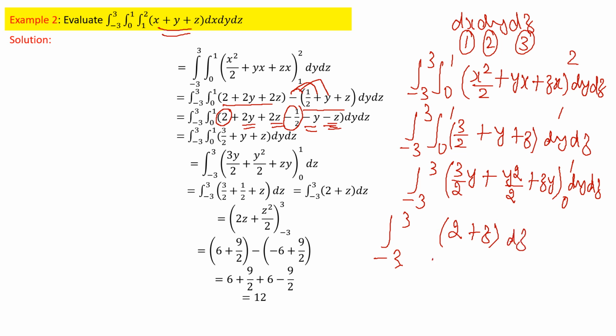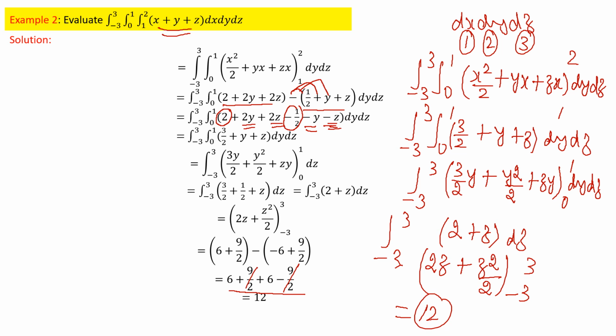Now let me integrate this function with respect to z. This will give you 2z plus z squared by 2 between the limits minus 3 to 3. By substituting the upper limit and lower limit, we will get this one. Cancelling minus 9 by 2 plus 9 by 2, we are left with 6 plus 6. So the final answer is 12.